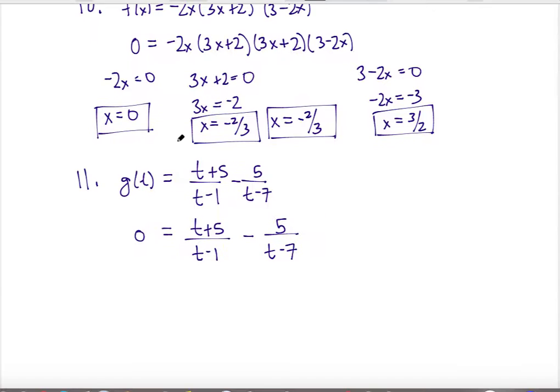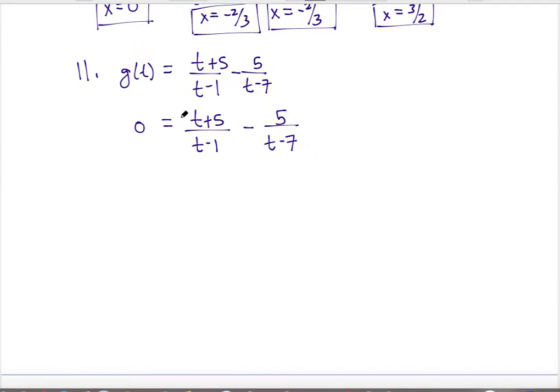The first thing I'm going to do is combine these two fractions, and in order to do that I need a common denominator. So I'll multiply the left by t minus 7 over t minus 7, so that I can get the same common denominator, and I'll multiply the fraction on the right by t minus 1 over t minus 1.